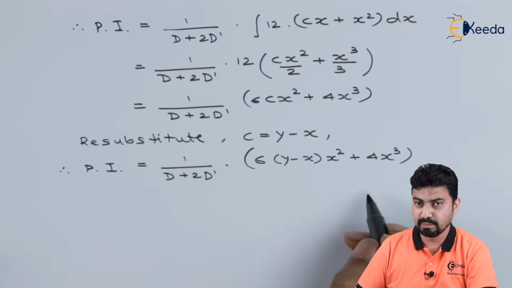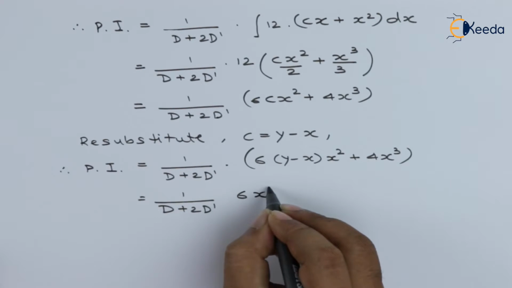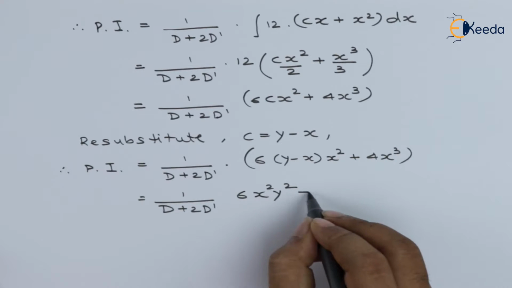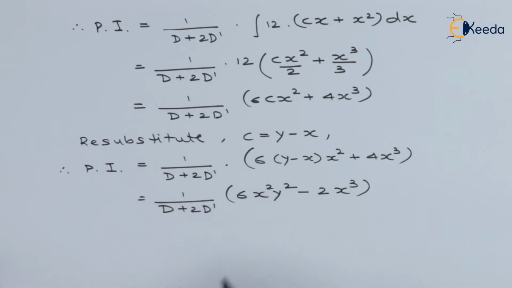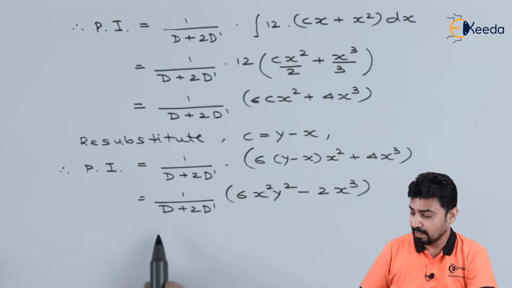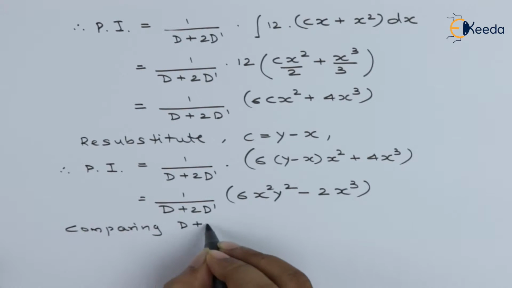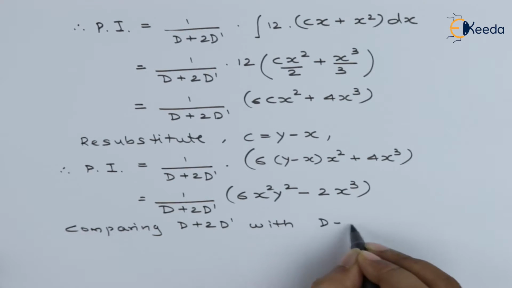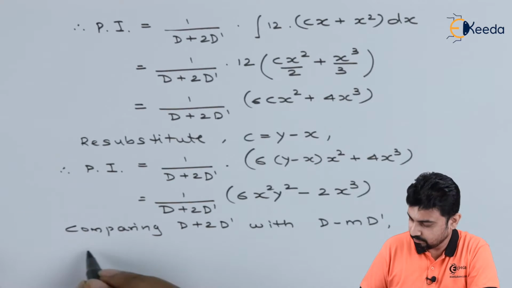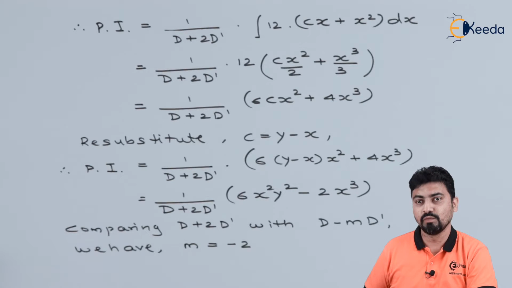Simplifying this further, we will be getting, so this is after applying the first linear factor. This is our second linear factor. Comparing it with, we have, therefore, we will be putting y is equal to c minus mx.